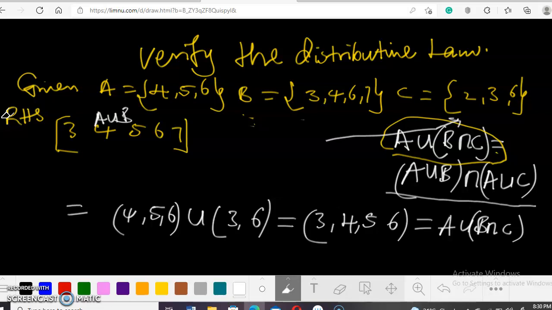So now it must be intersecting A union C. So let us take A union C, which will be 2, 3, 4, 5, 6.